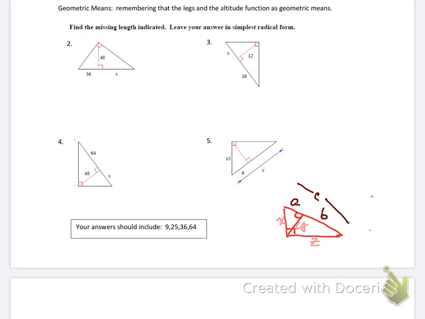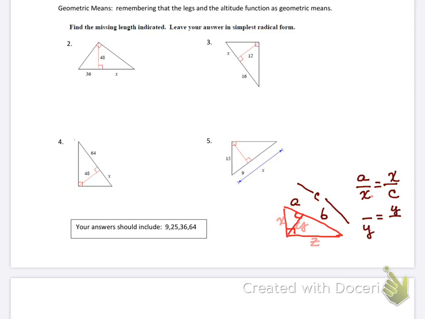Okay, so I'm going to set up 3 equations. Okay, when I look at the first leg, leg X, it is a geometric mean. Therefore, it goes 2 places, low and high. It's the geometric mean between the piece of the hypotenuse closest to it and the entire hypotenuse. So that would be the setup for that. Then let's look at the altitude. The altitude is also a geometric mean. So it goes in the geometric mean spot.